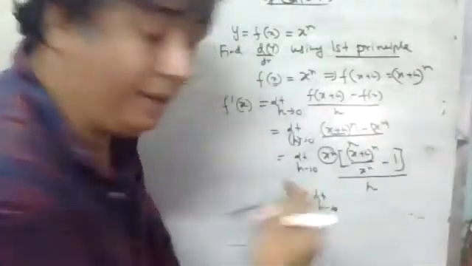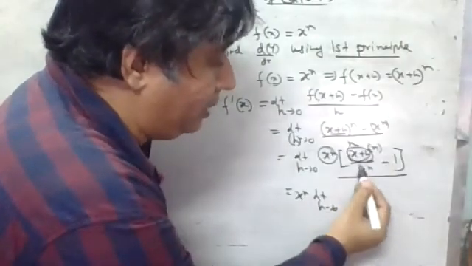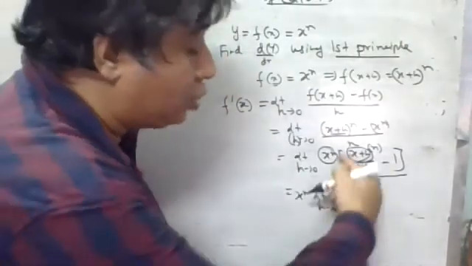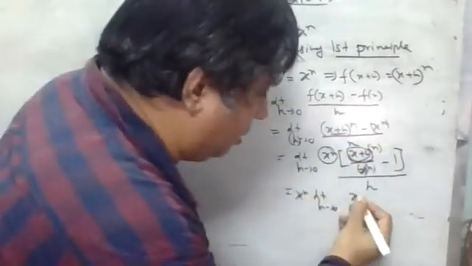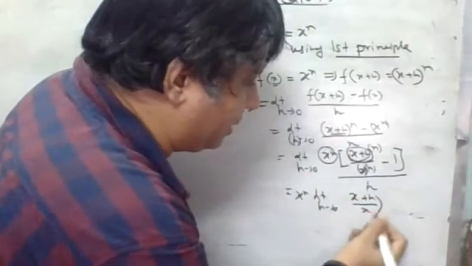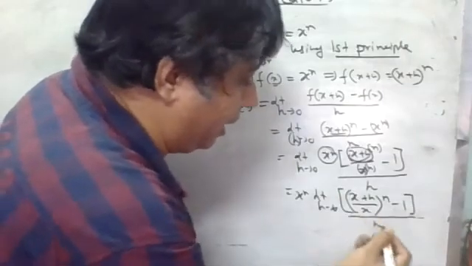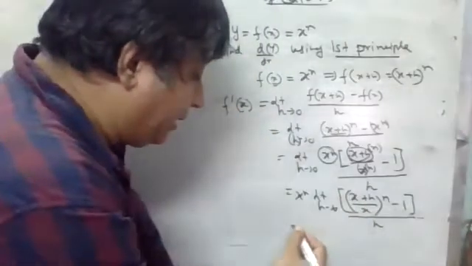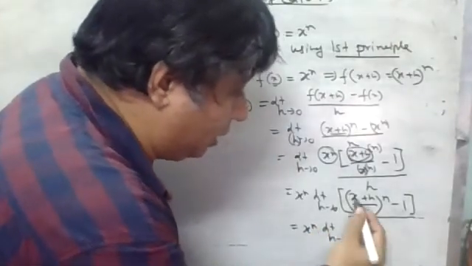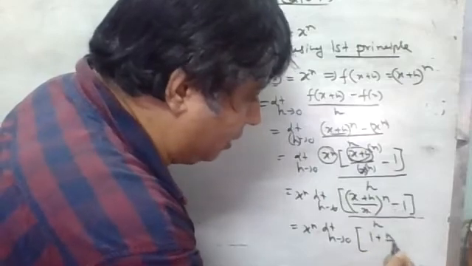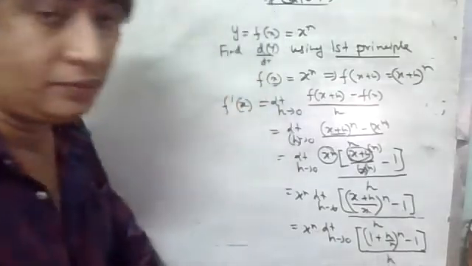By the laws of exponent, this term has power n and this term also has power n, so I can club them together, considering the whole power n: ((x+h)/x)^n - 1, divided by h. That gives us, limit h tends to 0, x by x is 1, so (1 + h/x)^n - 1 over h.